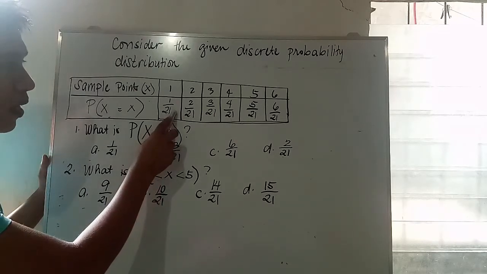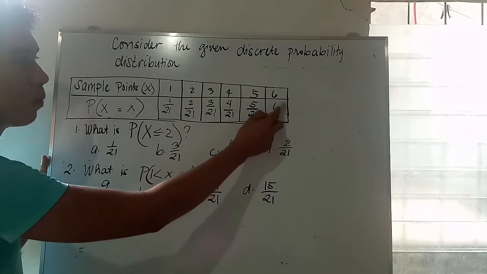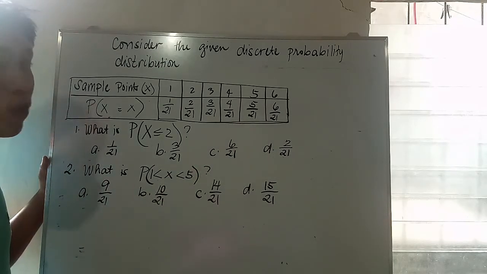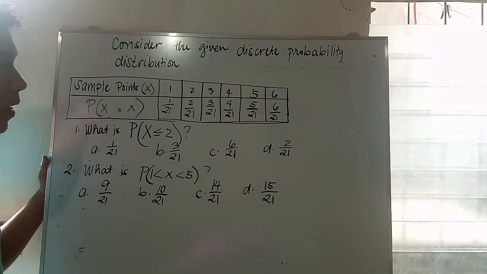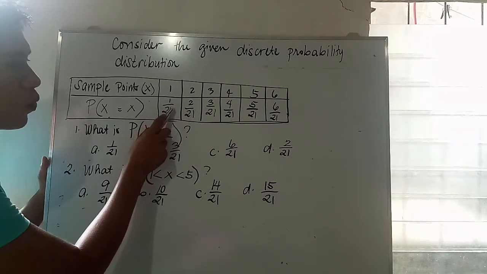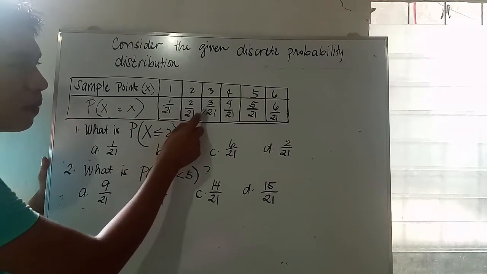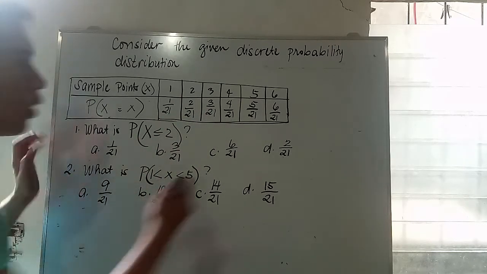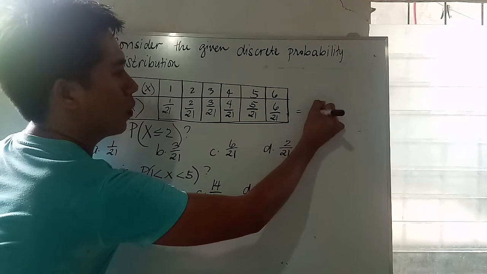1 out of 21. If you are going to add all these probabilities, it would always equal 1. Okay? So when you add 1 over 21 plus 2 over 21 plus 3 over 21, the result is over 21.